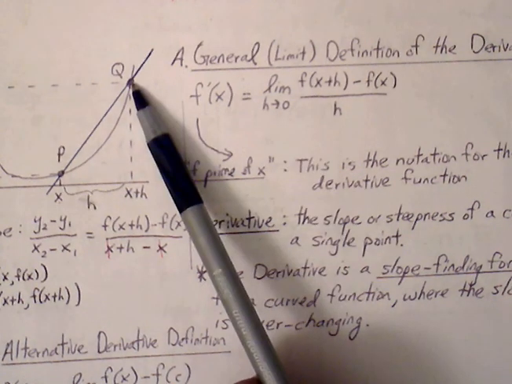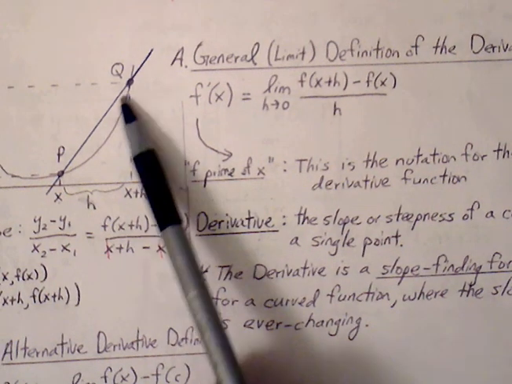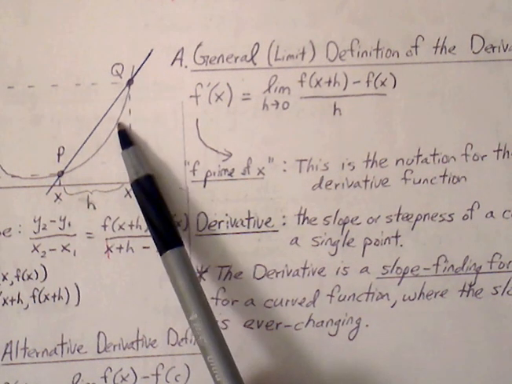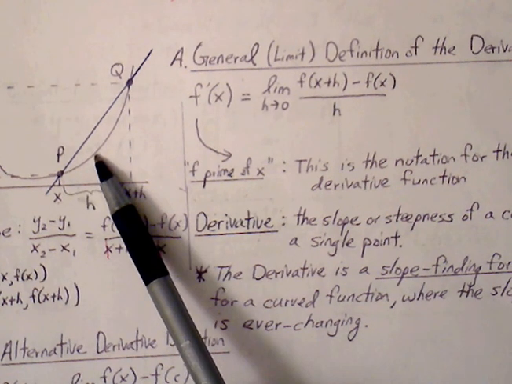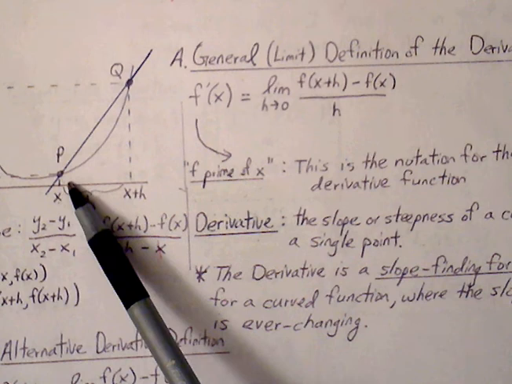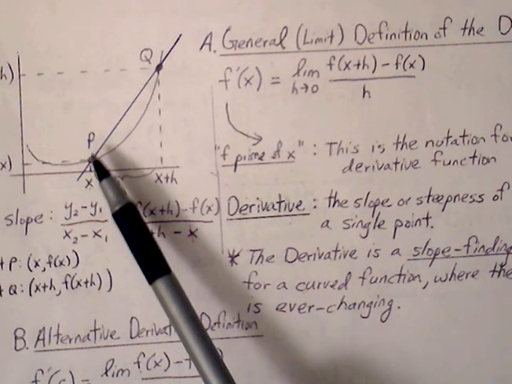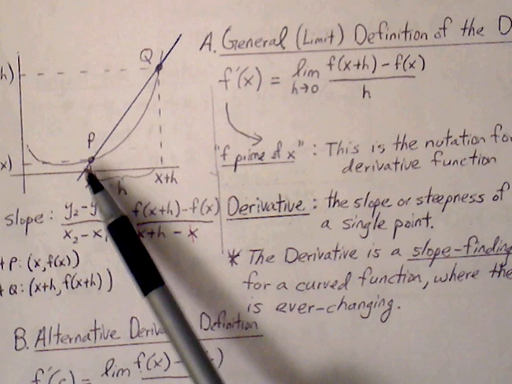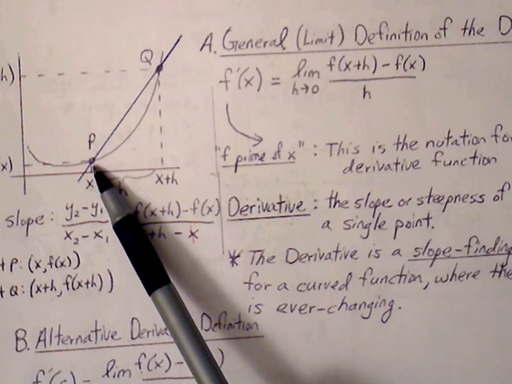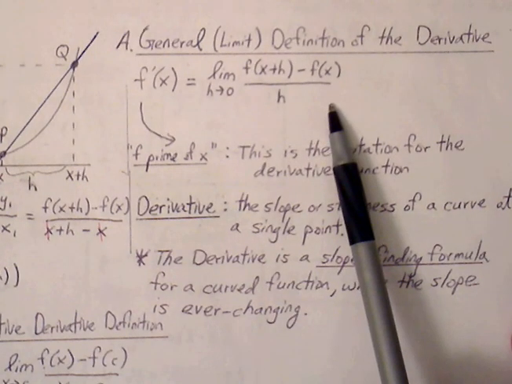As we decrease the value of h, point Q will get closer and closer towards point P. And then eventually, when h turns into 0, point Q will reach point P, and therefore we will be able to arrive at our goal of only needing one x value to find the slope of the tangent line. Okay. So now we're here at the general limit definition for the derivative.